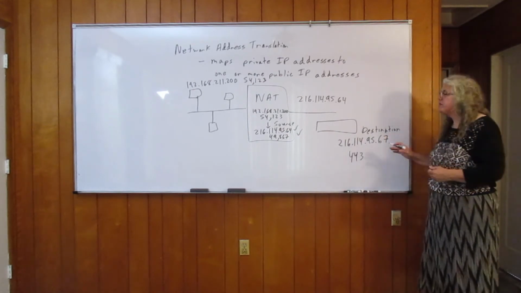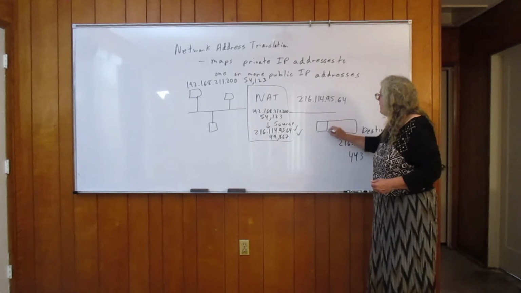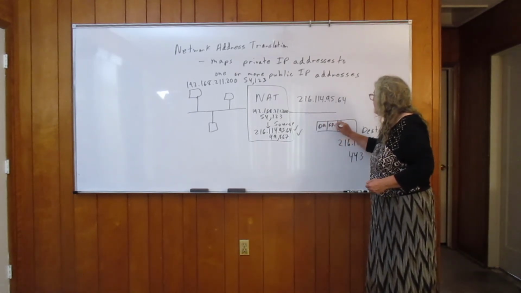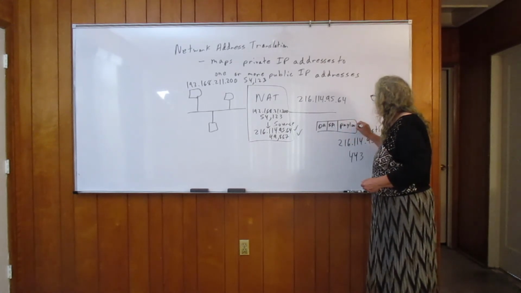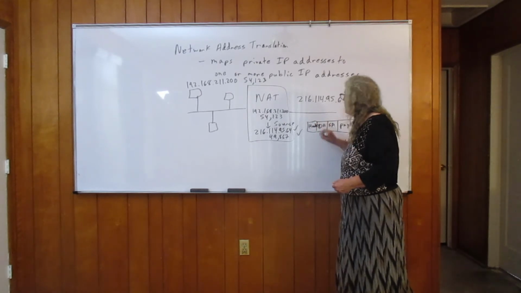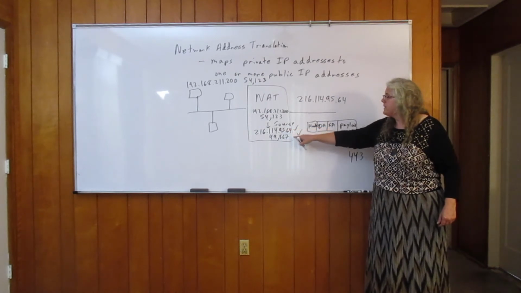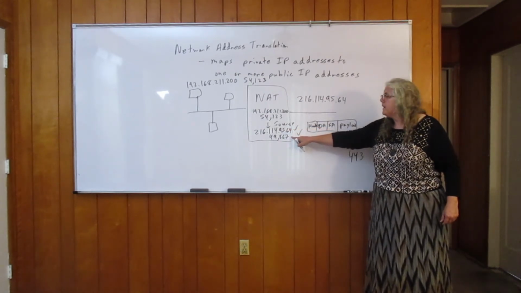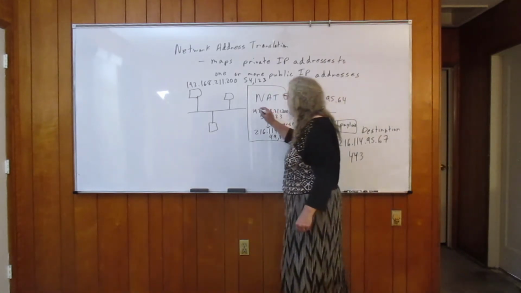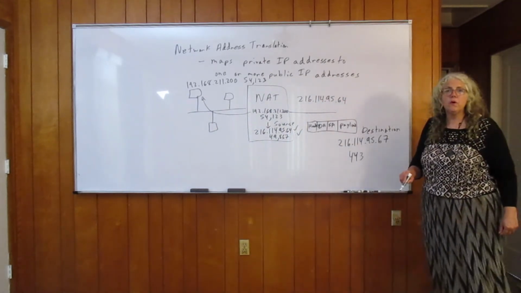When a response comes back in, that response to the request that's been sent out is going to be sent to 216.114.95.64 to this port number. Now when NAT sees that coming back in, it's going to say to itself, I need to send that data packet to this particular IP address and this port.